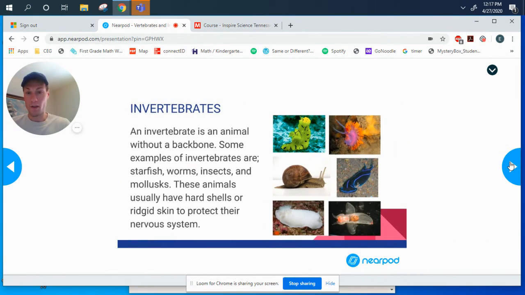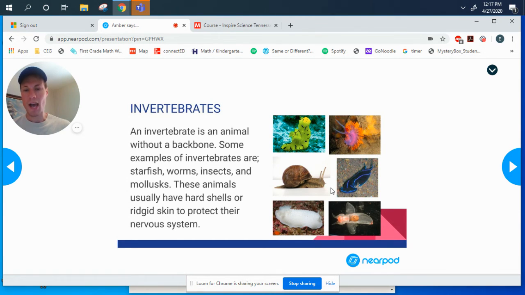Invertebrates are the opposite, basically. They don't have a backbone. Some examples of invertebrates are starfish, worms, insects, and mollusks. Mollusks is a fancy way to say like an octopus or a squid.